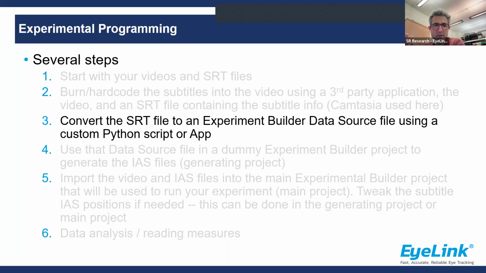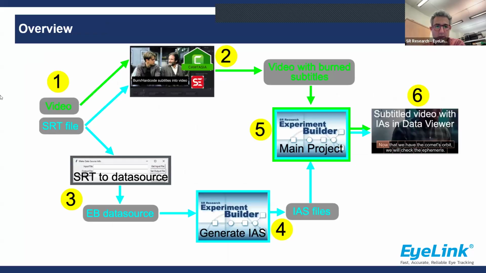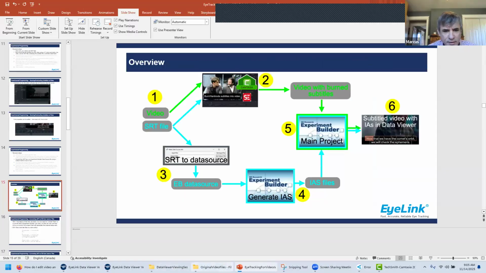So essentially, that same SRT file that we've used to burn the subtitles into the video, we can import it into this little app that we've created to generate a data source.